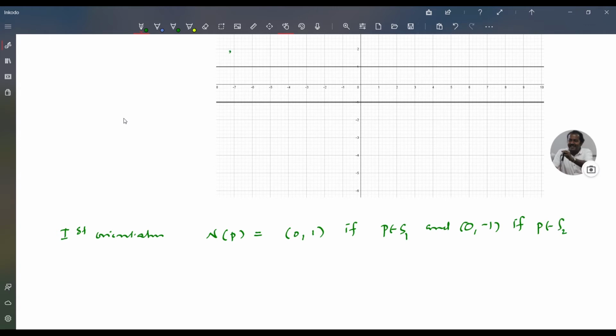You know that this is S1 and this is S2. So that is given by this orientation. You know that (0, 1) is this vector. So this is the first orientation.